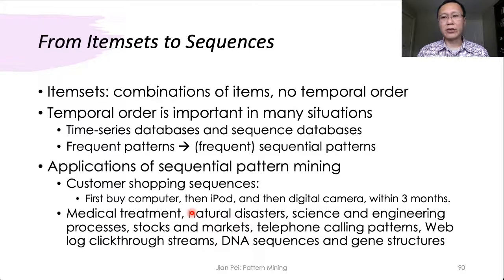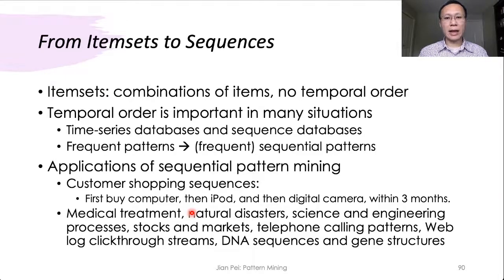Here we do not consider any order, no matter whether it's a temporal order or some spatial order. In many applications, temporal orders are very important. For example, we may have time series databases and sequence databases, and we may want to find patterns not only about the combination of items, but also about the order.